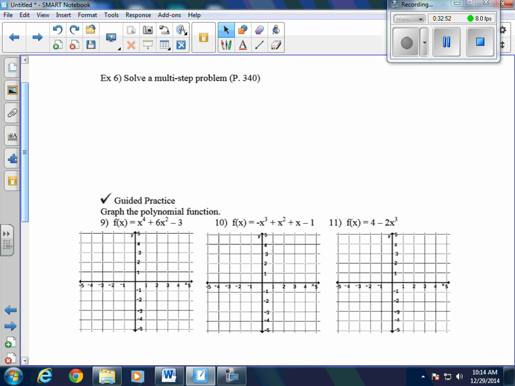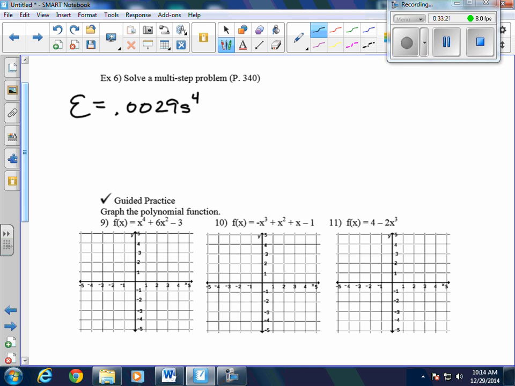If we look at page 340, they say graph the energy problem. We're going to say the energy E in foot-pounds is going to be equal to 0.0029 s to the fourth.